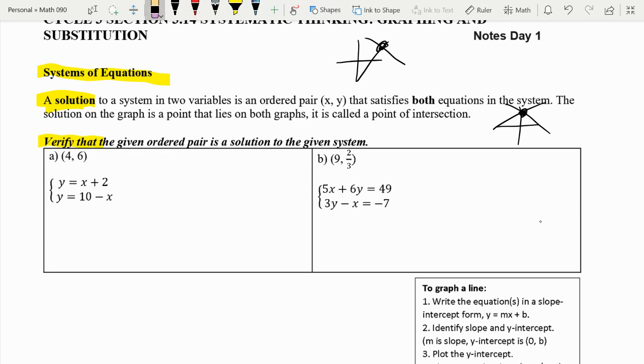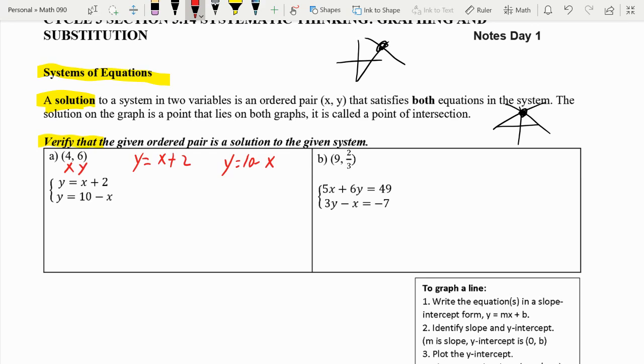Now, it's a pain when they have them written this way. Really, what you'd rather have is them written next to each other like this. It makes the problem much easier. All you're going to do is take both of these numbers and plug them in.